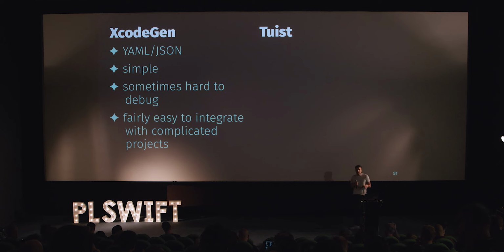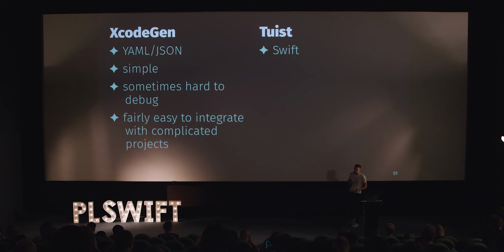At the time of evaluating those two tools, only XcodeGen allowed me to integrate our UI tests. With Tuist, you write your configuration in Swift, which is a great thing for us because you do not have to switch context between your code and your project configuration file.